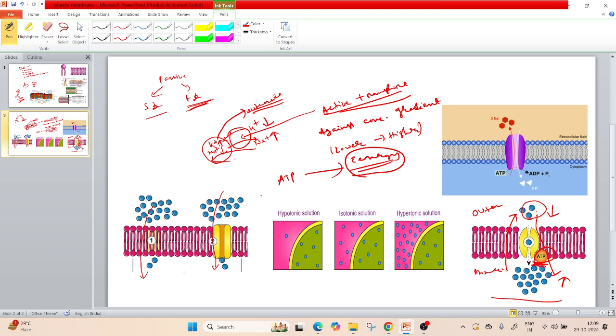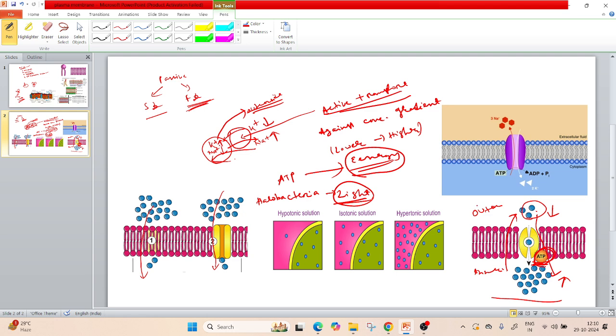For example, some bacteria like halobacteria use light as a source of energy here, but it is still called active transport because of the use of energy, not ATP. We use ATP as a source of energy. Halobacteria use light as a source of energy.